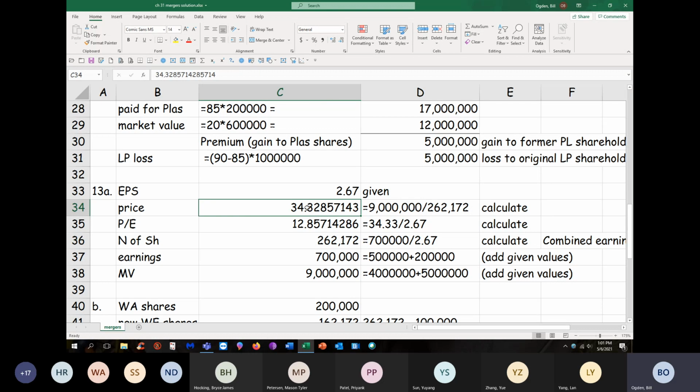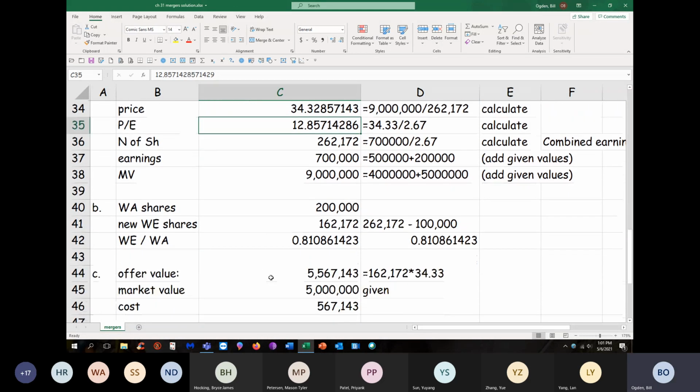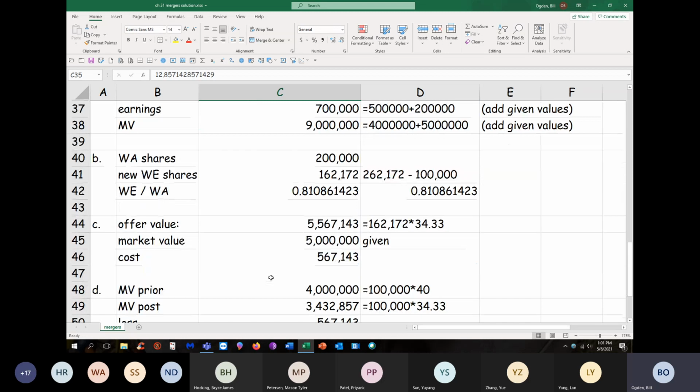Now I have the settled price after the merger. I have the earnings that we set up as 2.67, and therefore 34.33 divided by 2.67, we got a PE ratio of 12.85. All right. So the next question B asks for the exchange ratio.